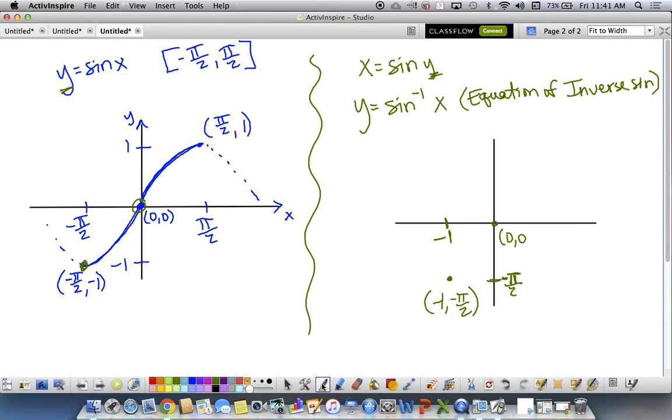We're at the exact same point. 0, 0. And the last point, pi over 2, 1, would become 1, pi over 2. So that point is 1, pi over 2. Now it still looks like 3 points and I could draw a straight line.